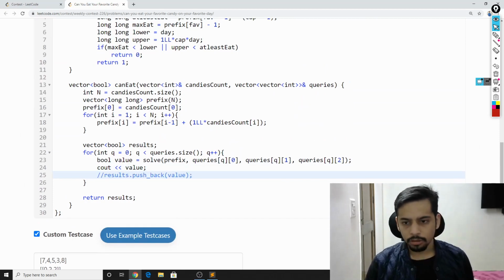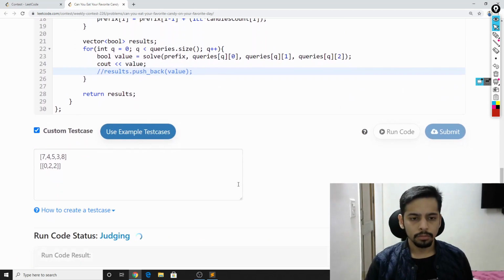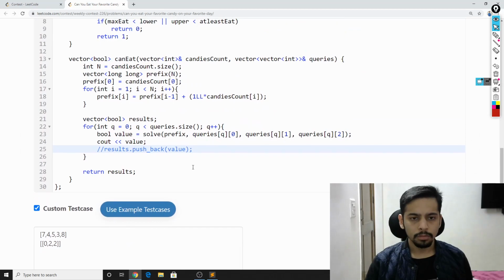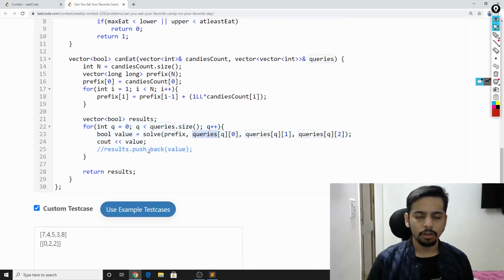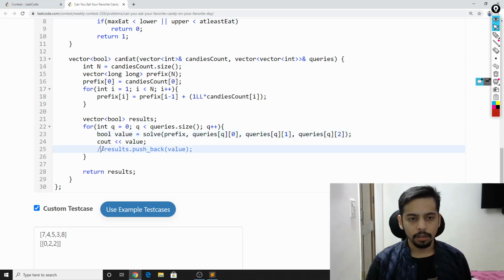Let's not push this. So this solve function is giving me the error. For sure, the solve function is the one causing the error.